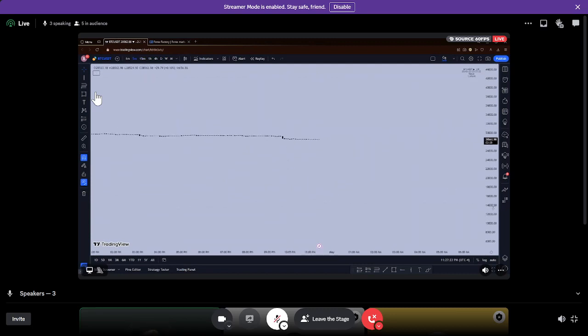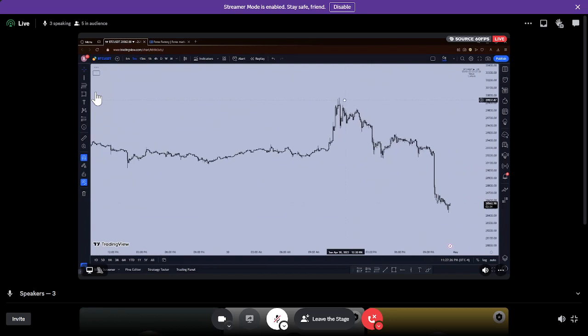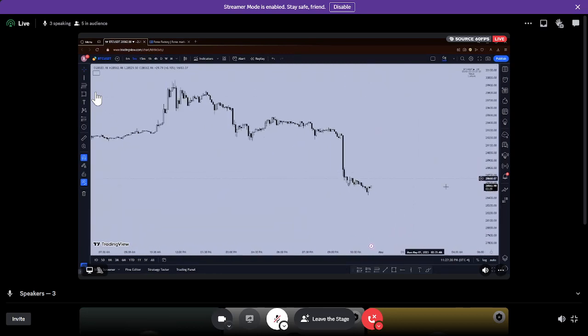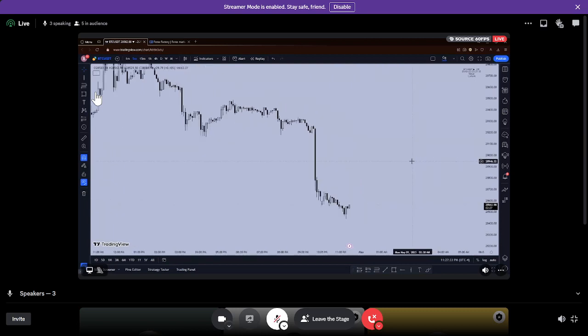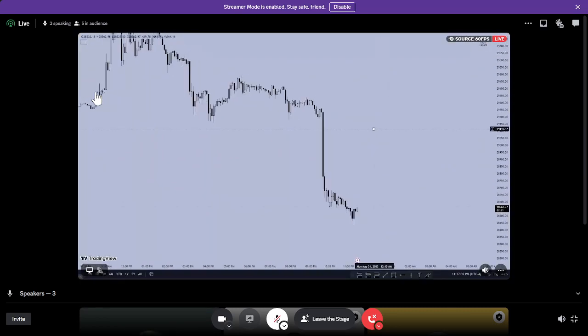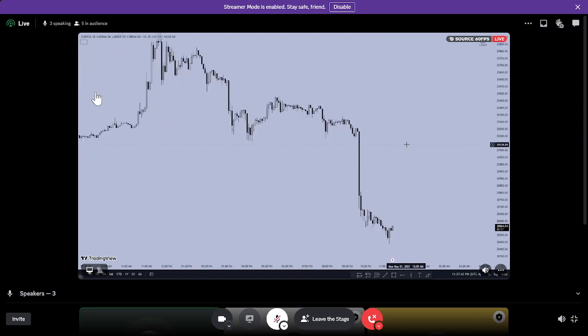What we're going to look for tonight, and for any future homework, because we're just looking at a blank chart and it's obvious.